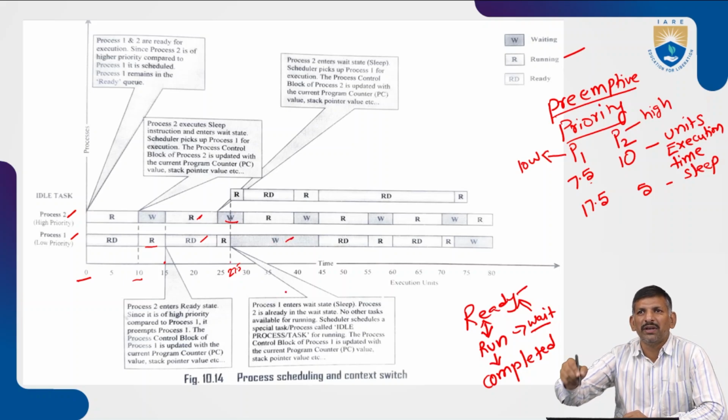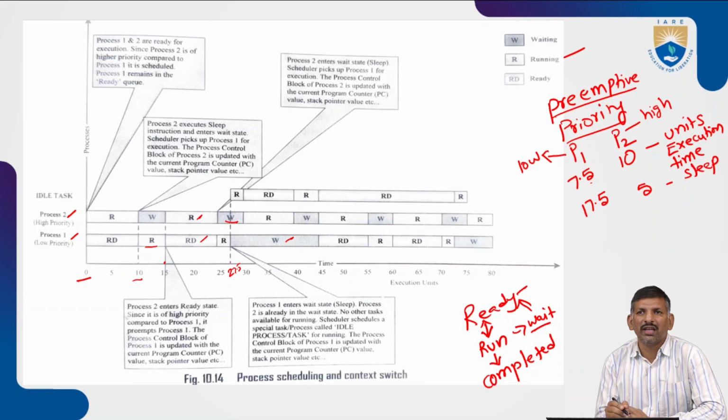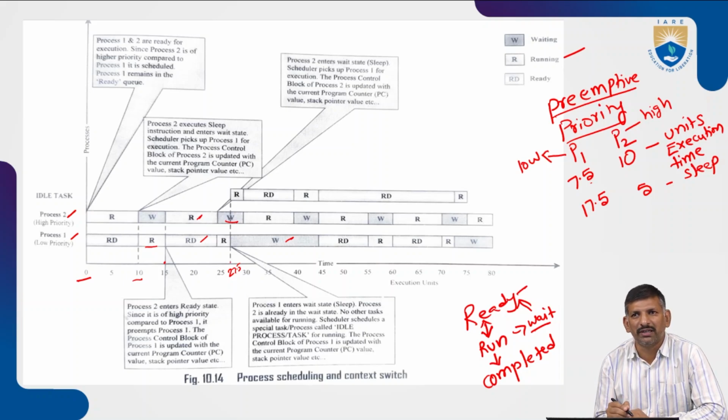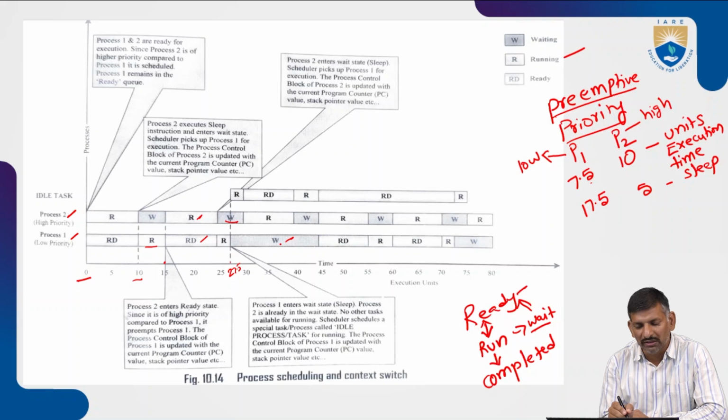This process is repeated infinitely. In general, whenever a process's execution is completed, it enters the completed state. But in this requirement, processes P1 and P2 are executed repeatedly, so after completion, P1 goes to the waiting state.